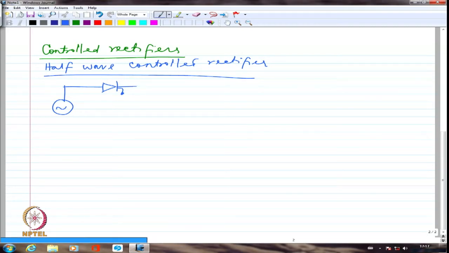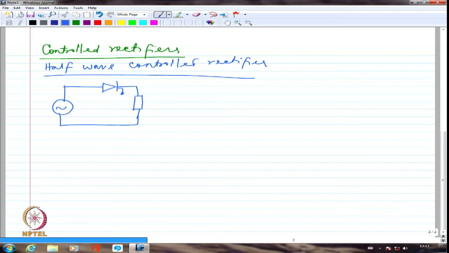That is all the difference. This is a half wave configuration, but I am going to replace the diode we had put earlier with a thyristor, and I am going to show the load like this. It can be resistive, it can be RL. Either way is fine. So this is going to be the controlled rectifier configuration.